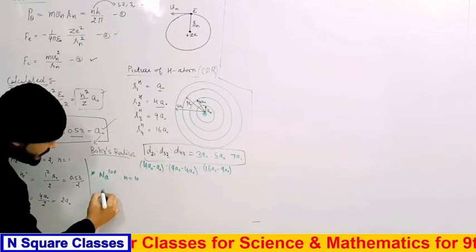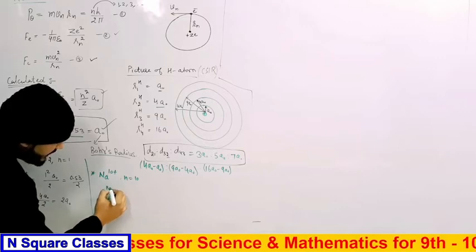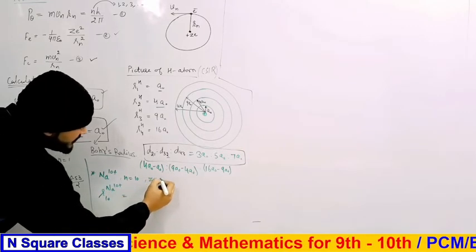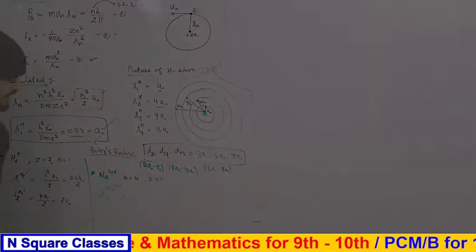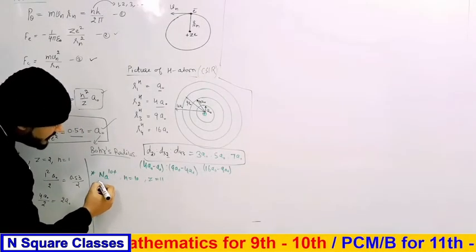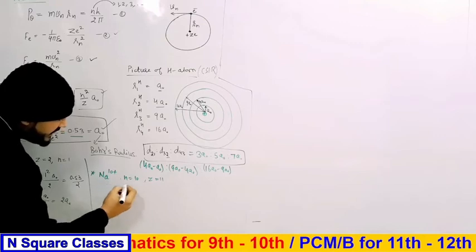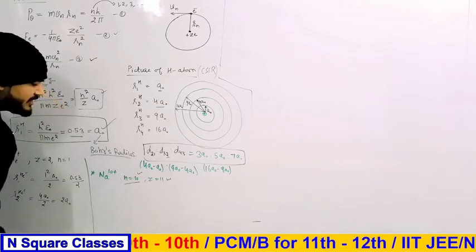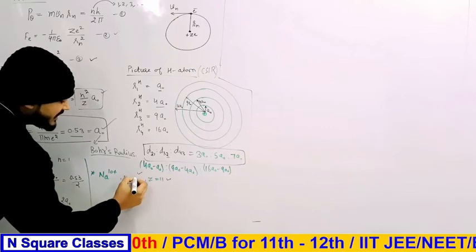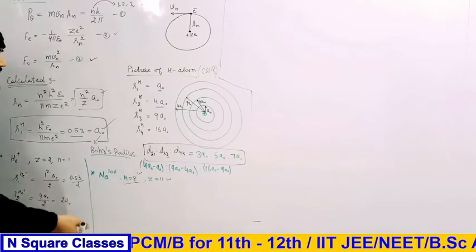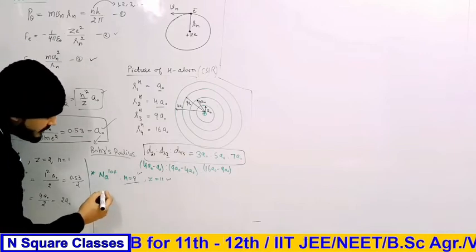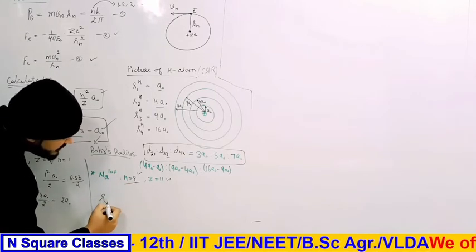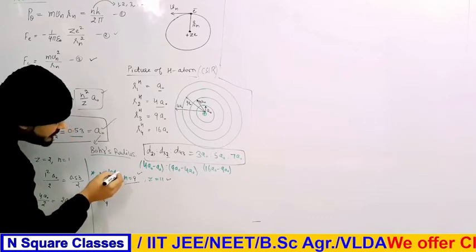In that case, for R9 of Na 10 positive, Z equals to 11.